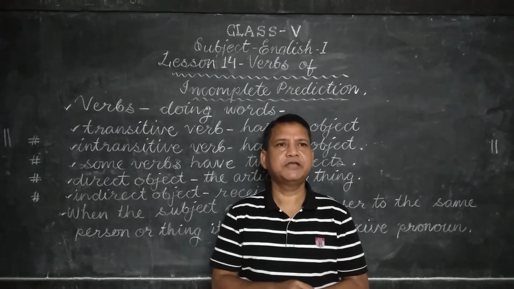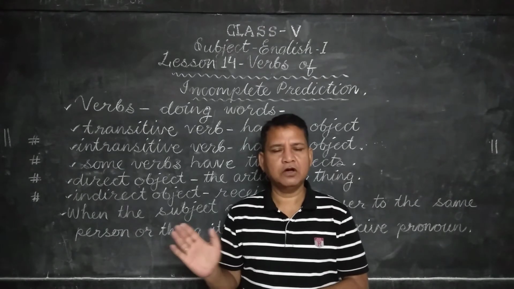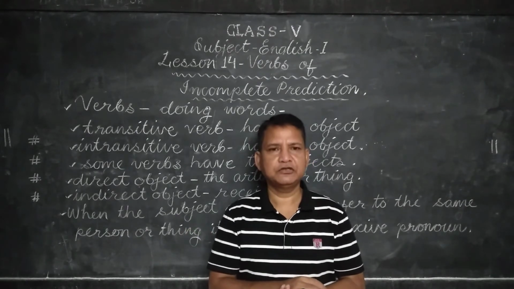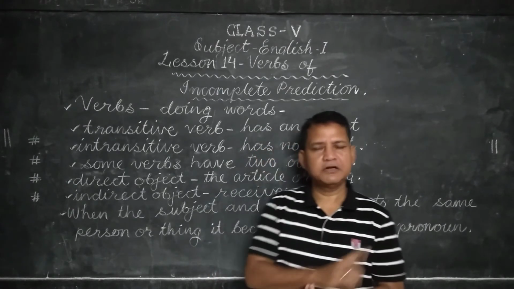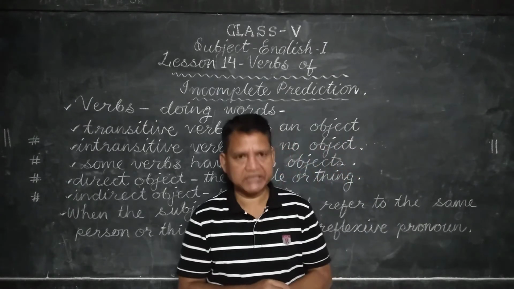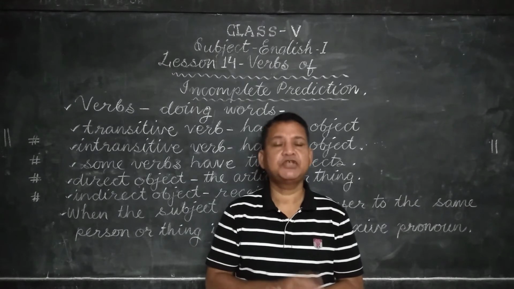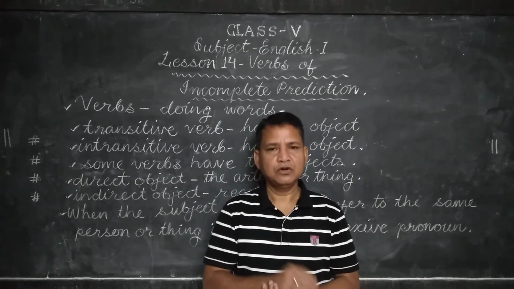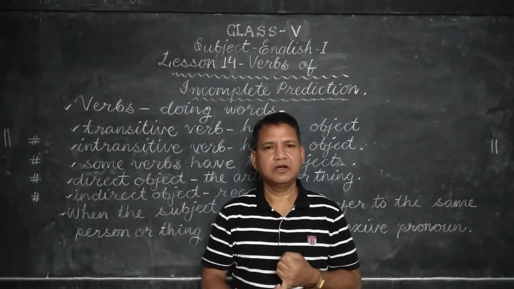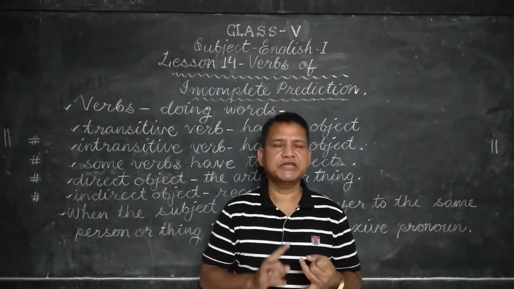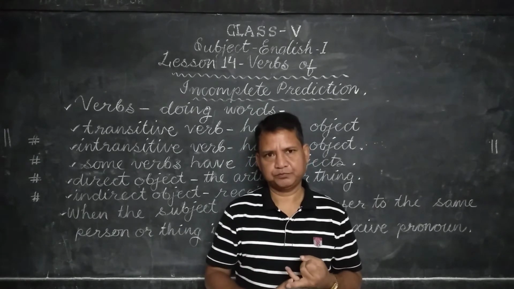But if the verb does not need any object to complete the meaning, or does not have an object, it is called intransitive. The verb with an object is transitive. A verb without an object is intransitive.